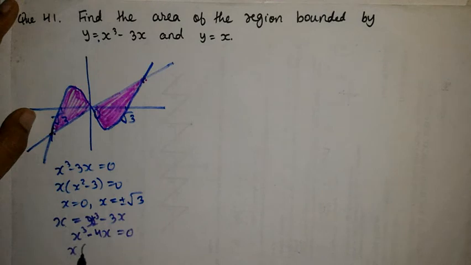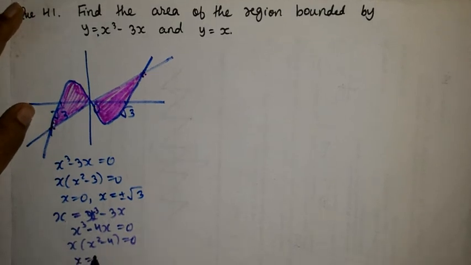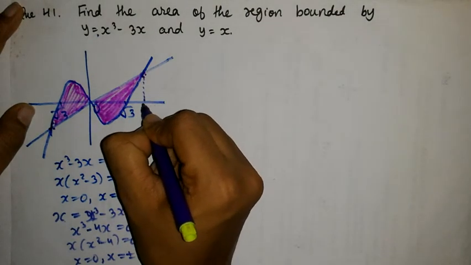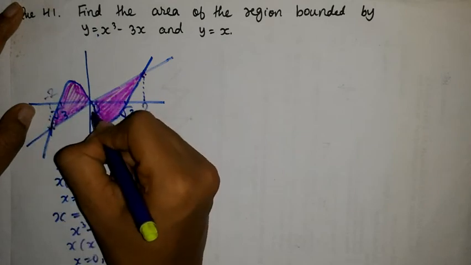Taking x common, we get x square minus 4 is equal to 0. So we get x is equal to 0 and x square is equal to 4, so x is equal to plus or minus 2. So this point is 2, this point will be minus 2 and this is 0.